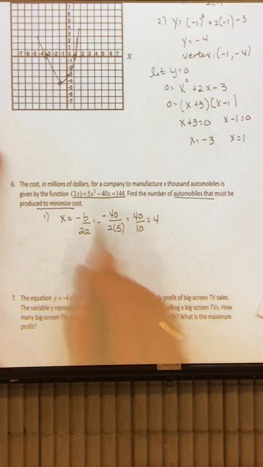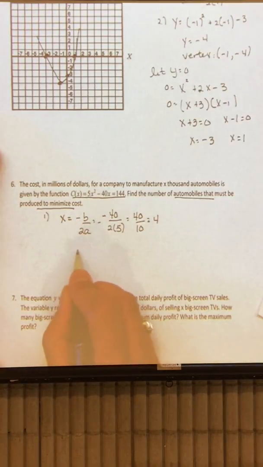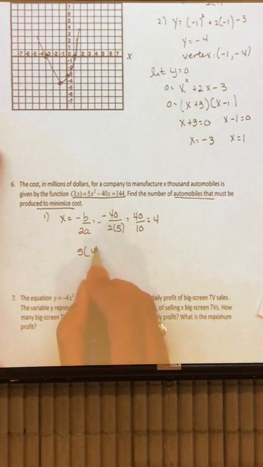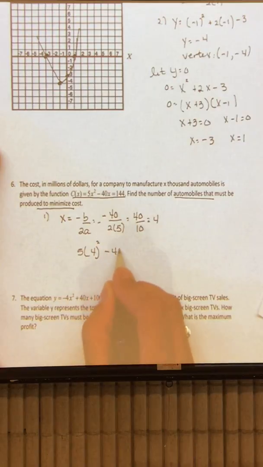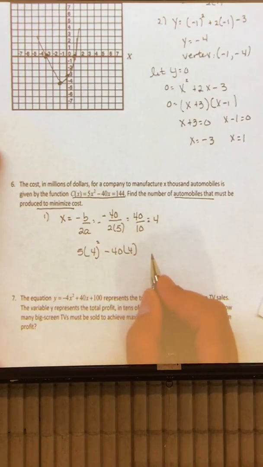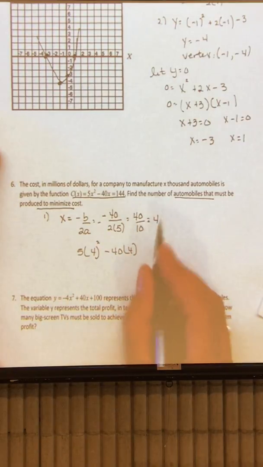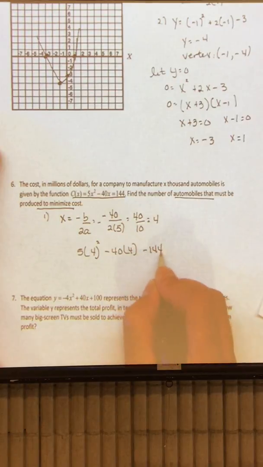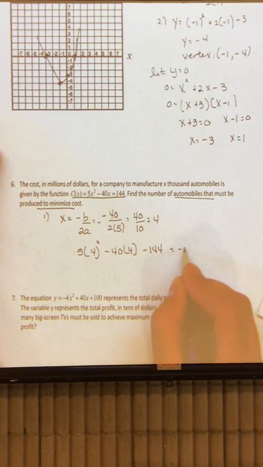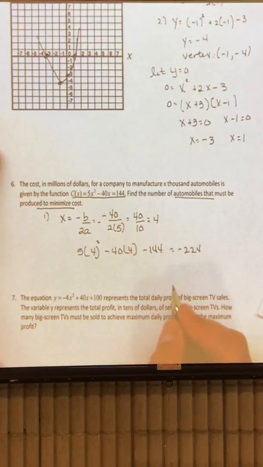Substituting the 4 back into the equation, we have 5 times 4 squared minus 40 times 4 minus 144, and that equals negative 224.